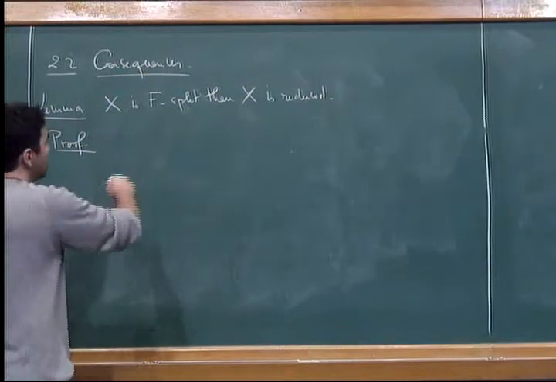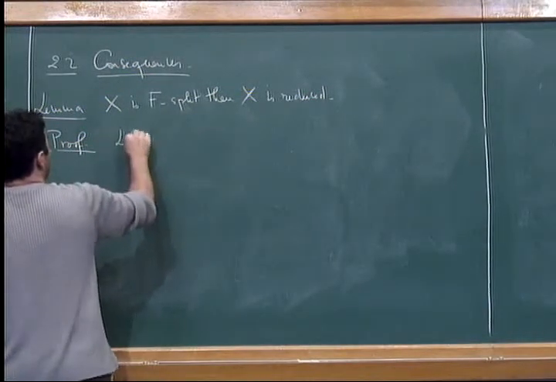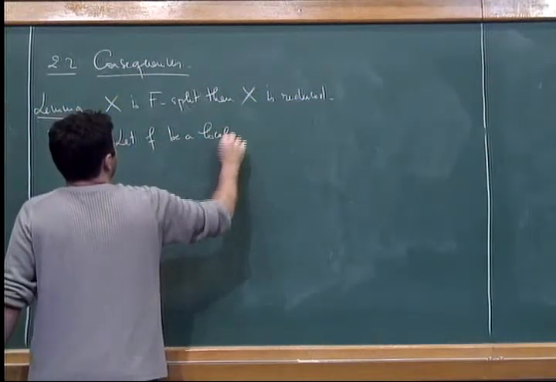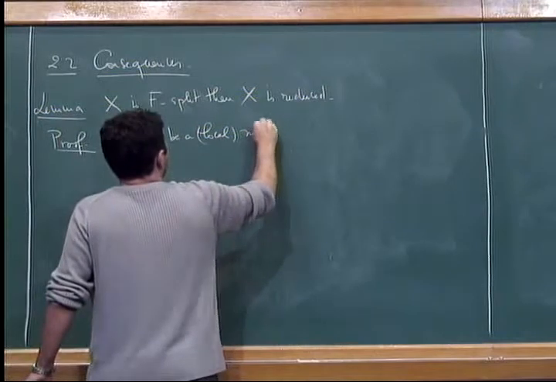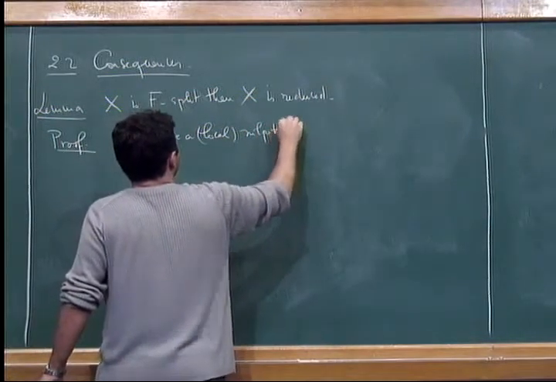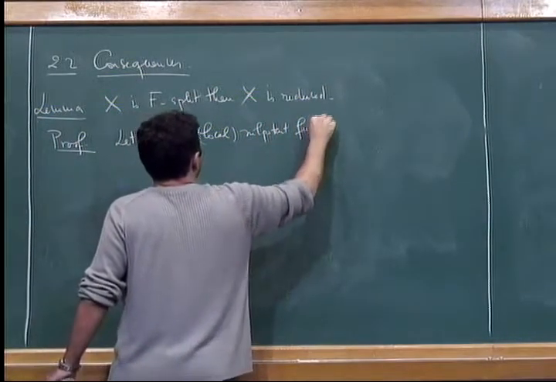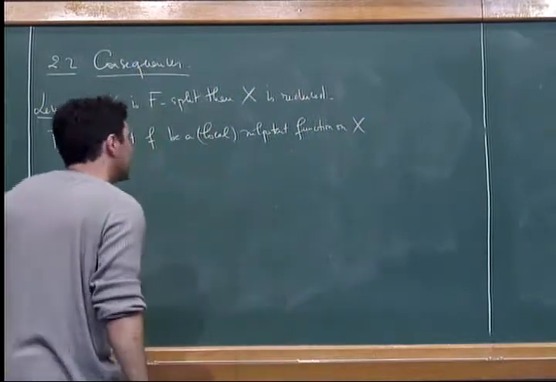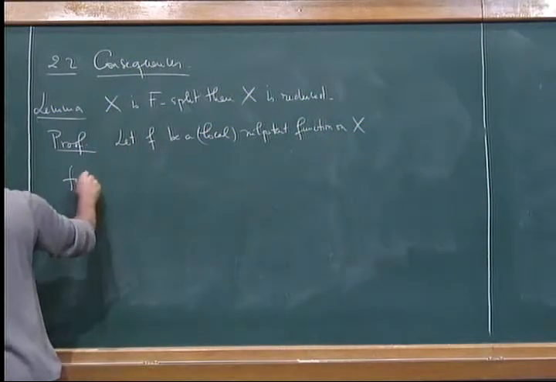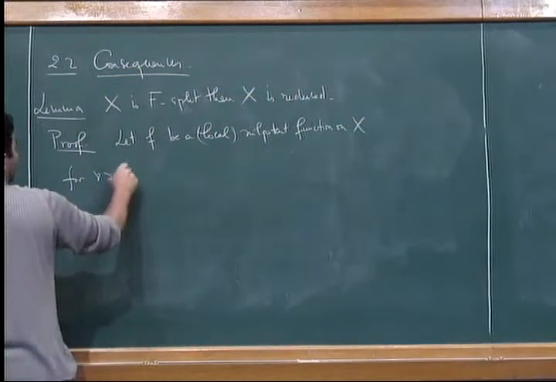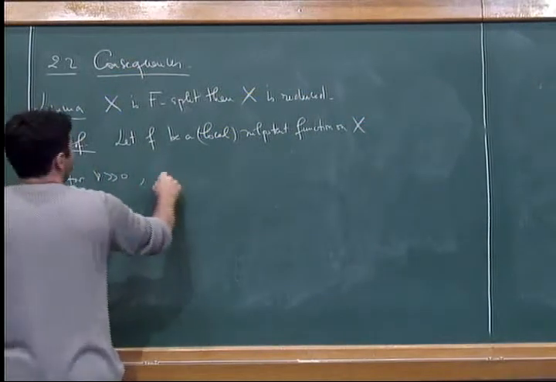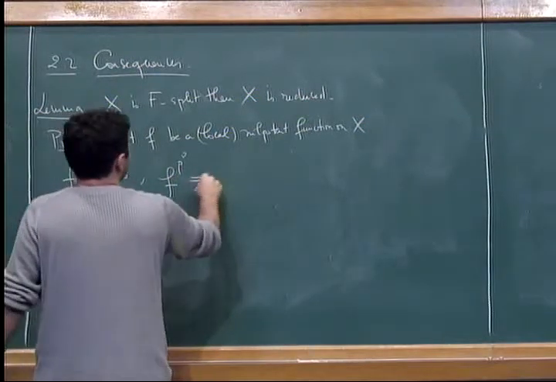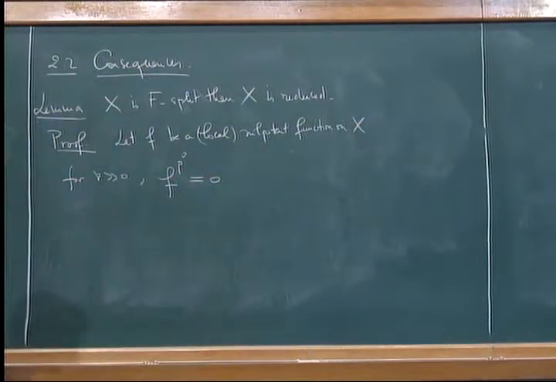So again, phi is a splitting of X. Let F be a local nilpotent function on X. So for nu big enough, F to the power p to the power nu is the zero function.